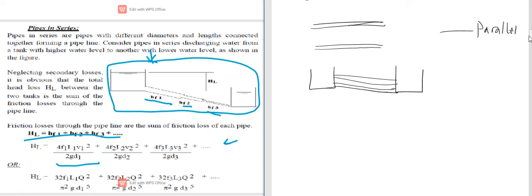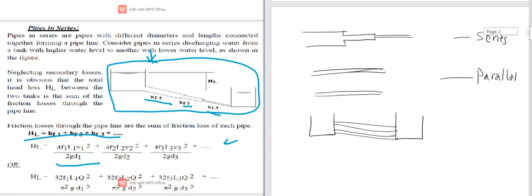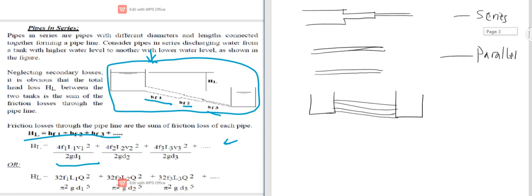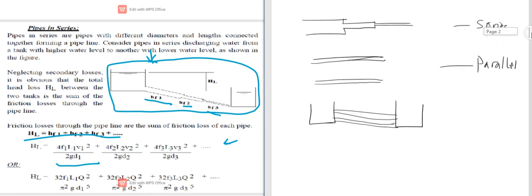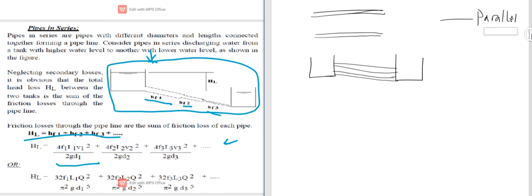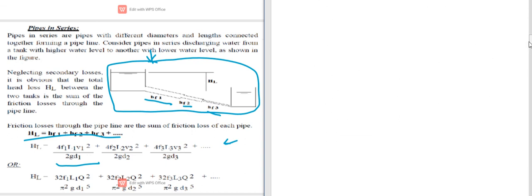But let us first go through the series connection and how to get the total formula for any number of given pipes. Let me draw the pipe again. Now we are going to be considering two pipes connected in series, something like this, connecting two tanks. I forgot to say what F is.